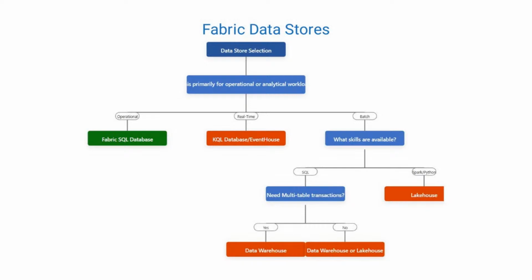If you're thinking about creating data products that will be exposed through a web application or any sort of front end, having the Fabric SQL database is a great add-on within Microsoft Fabric. And remember, Fabric SQL databases were the last data stores to be added to the Microsoft Fabric ecosystem.